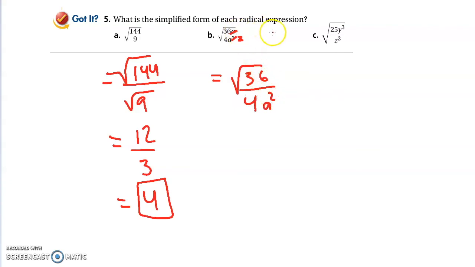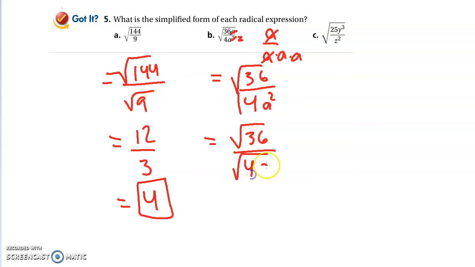There was 1 a on the top, and there were 3 a's in the denominator, and I'm left with 2 in the denominator. Now, why is that so special? Because now I can split it up into 2 perfect squares. The square root of 36 over the square root of 4a squared, which is the same thing as 6 over 2a.